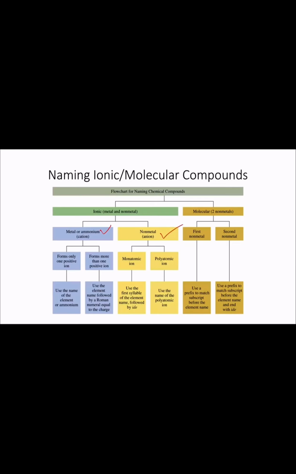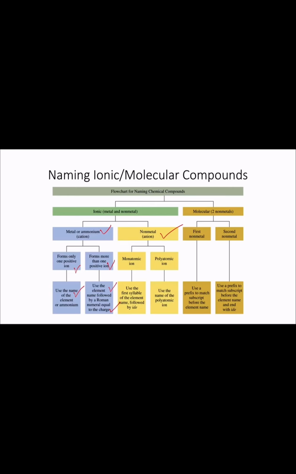First, only the positive ion forms more than one positive ion. That's the other thing we have to be careful about. Those elements that are transition metals are going to have more than one positive ion. So we use the name of the element or ammonium, and use the element followed by the Roman numeral if it's one of those metals that could do more, that could do 2 or 3.